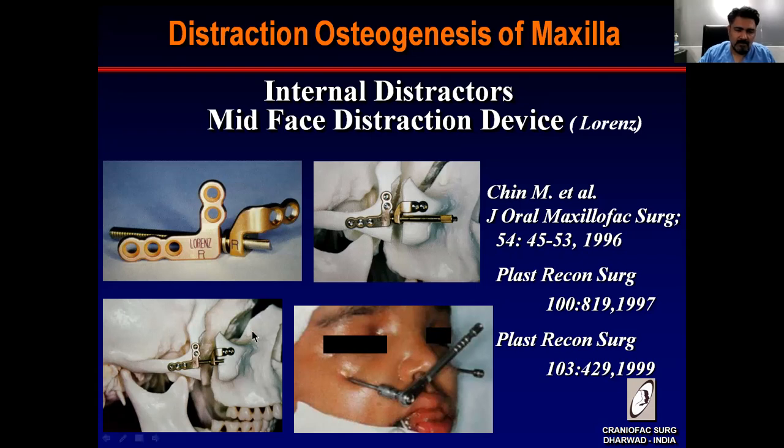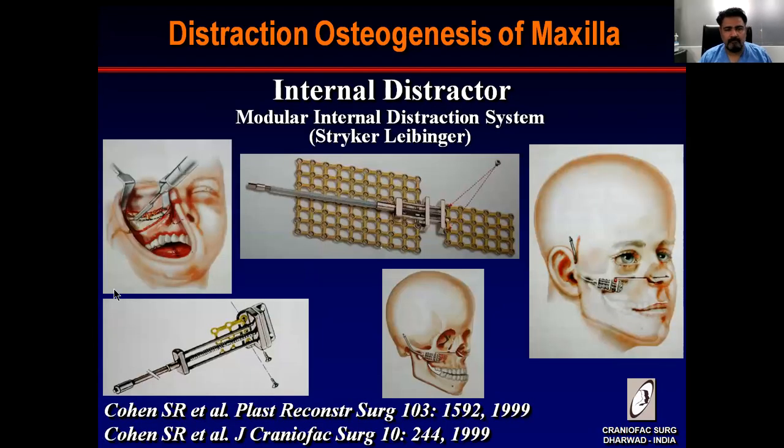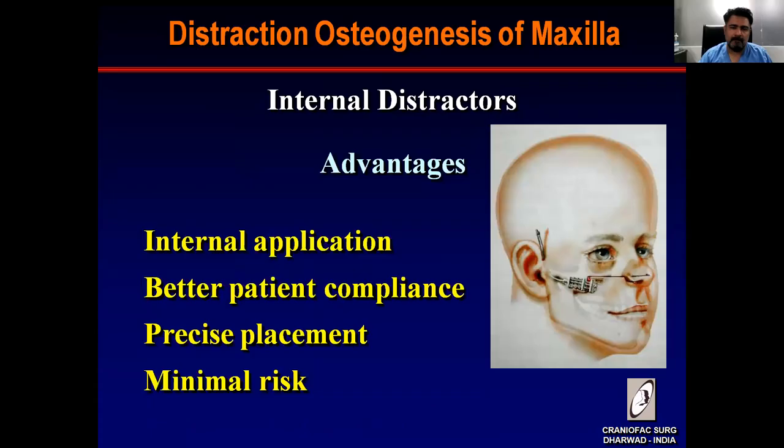In this case also, total maxilla: a level 3 osteotomy is done, and then the total maxilla is taken forward. This is a mesh distractor, various types of distractors. Internally this is placed, and the key is externally protruded towards the hairline; this scar will later be hidden in the hairline.